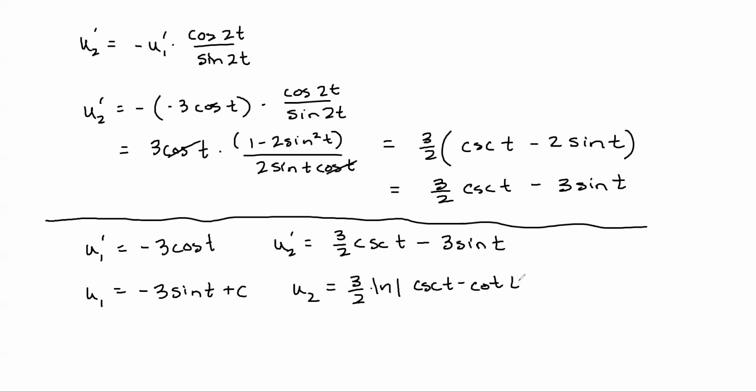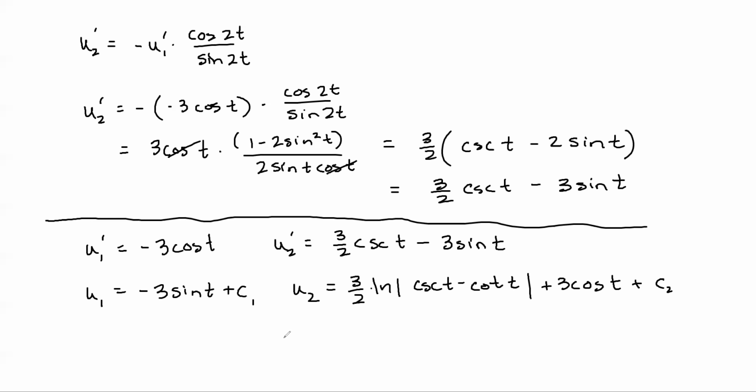Now, you might need to look that one up. And then the antiderivative of -3 sine t is going to be plus 3 cosine t. And we'll use different c's here, so plus c2. So when we integrate, we're going to have these c's in here.